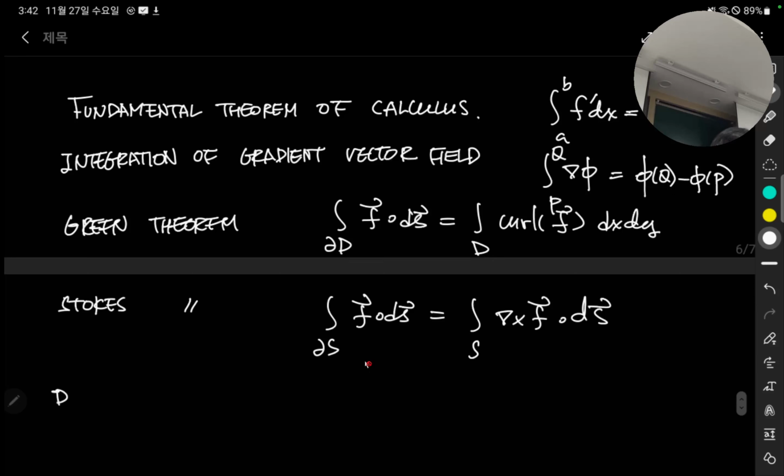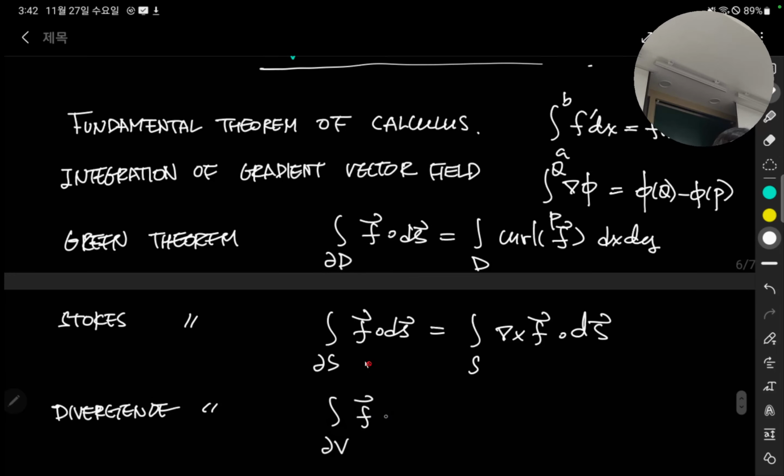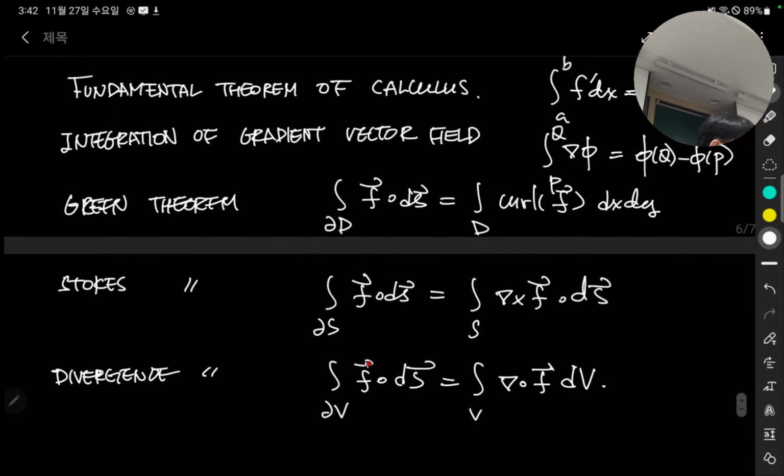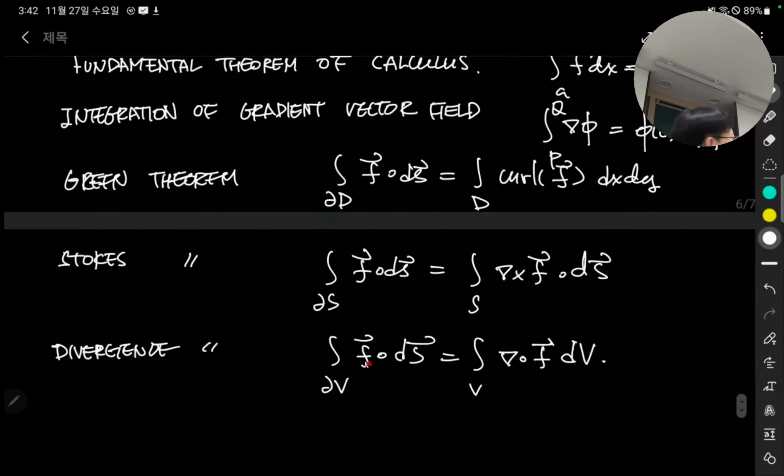And the divergence theorem is when you take the surface integral, it's the same as integration of the divergence. They are actually the same thing.